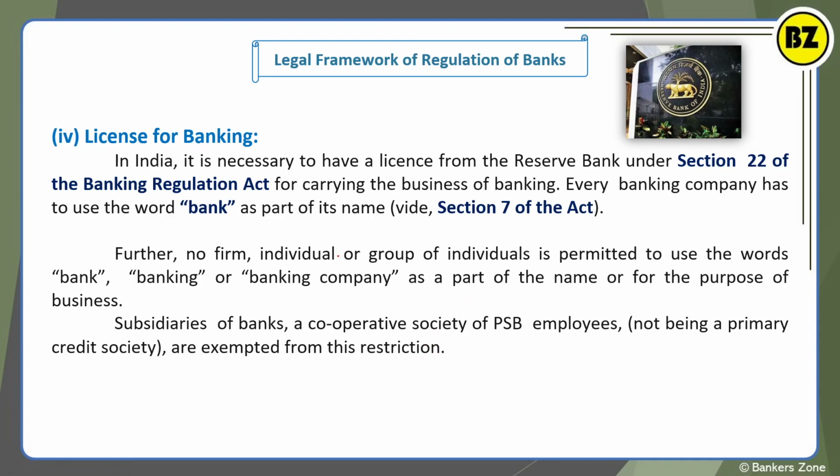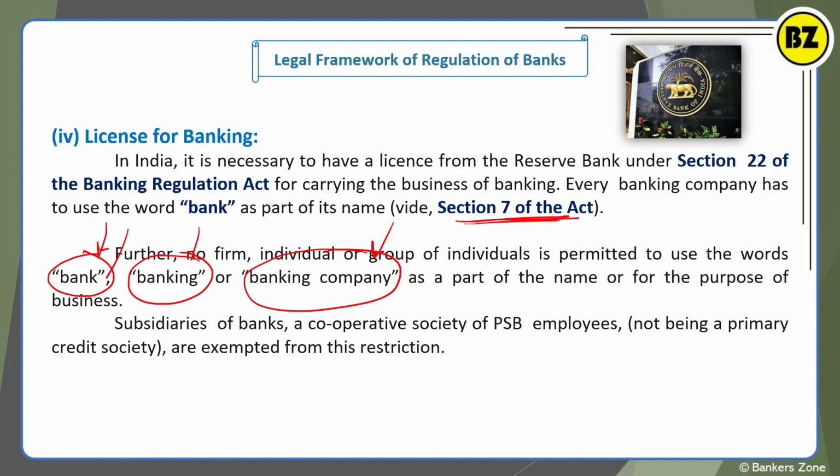I have already told you in the beginning, Muthoot Finance cannot use a name like Muthoot Bank, or banking or banking company. The term bank or banking company is not allowed to be used by anyone. This is restricted by section 7 of the Banking Regulation Act.